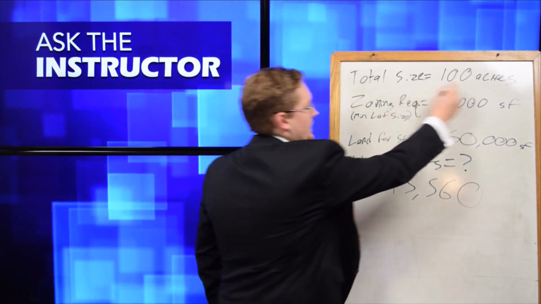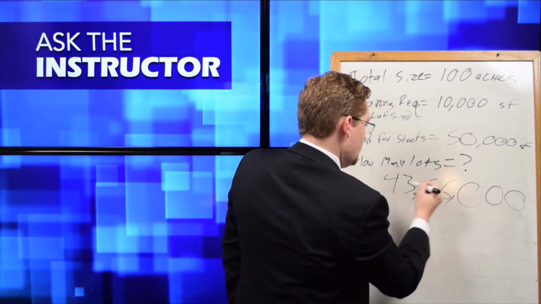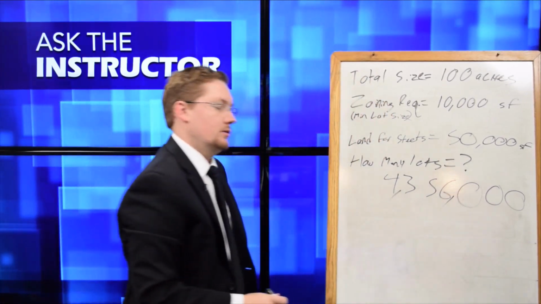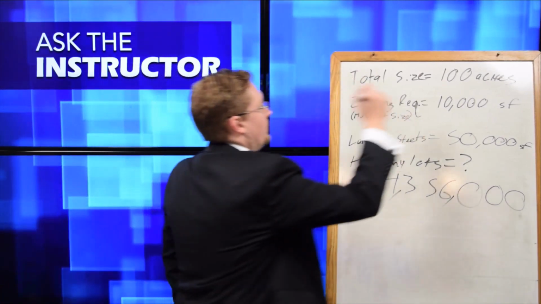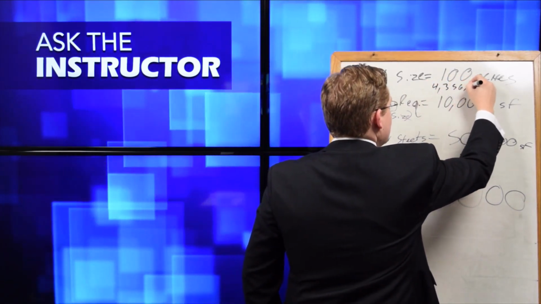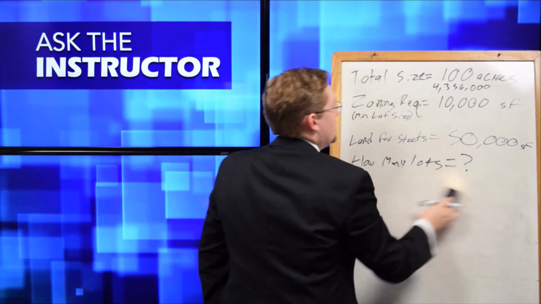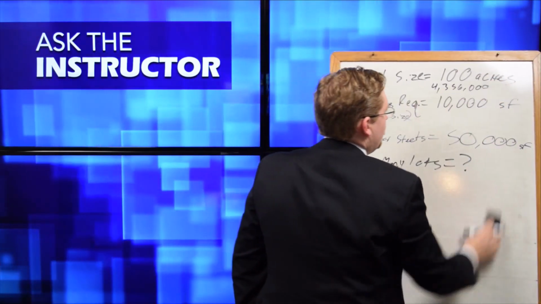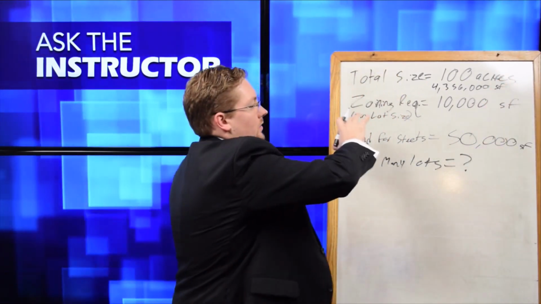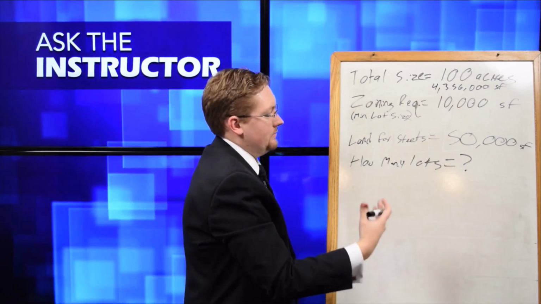We have 100 acres, so we're going to multiply that by 100, add 2 zeros at the end, and we have 4,356,000 square feet. So this 100 acres is 4,356,000 square feet. That was just taking our 100 acres and multiplying it by 43,560. So that's our total size, 4,356,000 square feet.